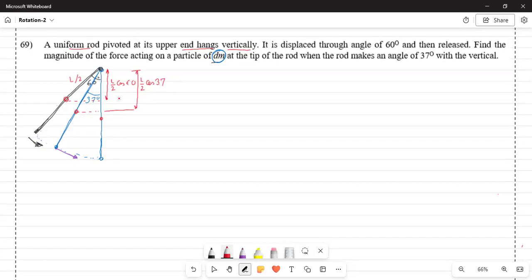So how much is the drop of the center of mass? The center of mass has dropped by a height of L by 2 into cos 37 minus cos 60.